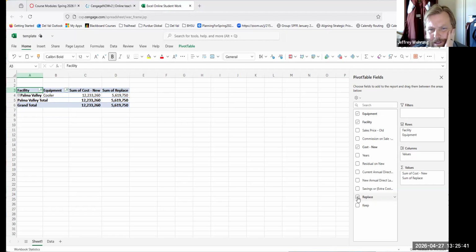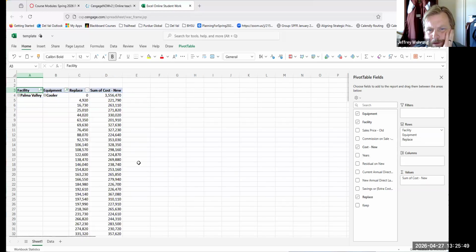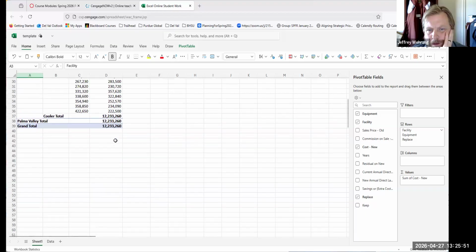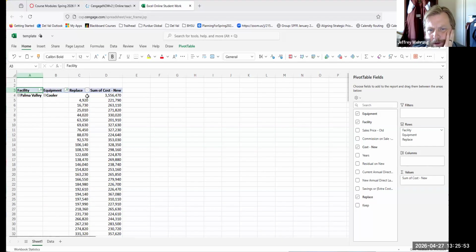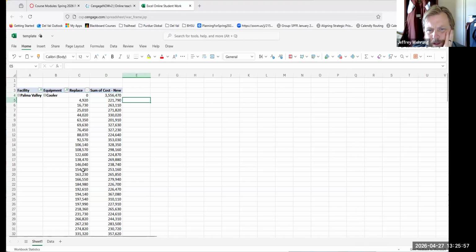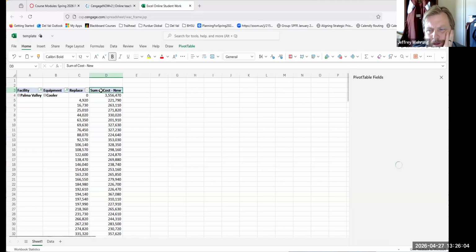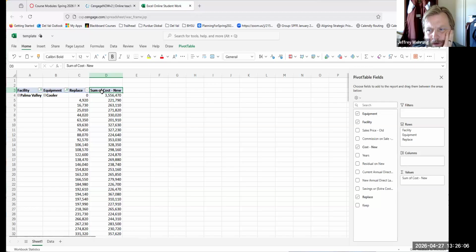No, this is actually, I'm going to sort it. So I don't want these, right? Because these are the ones we're keeping. So I just want to look at the ones that we're replacing, and I want the cost of those.